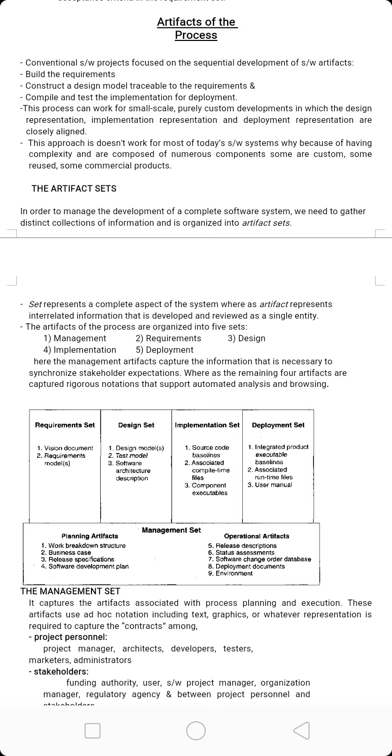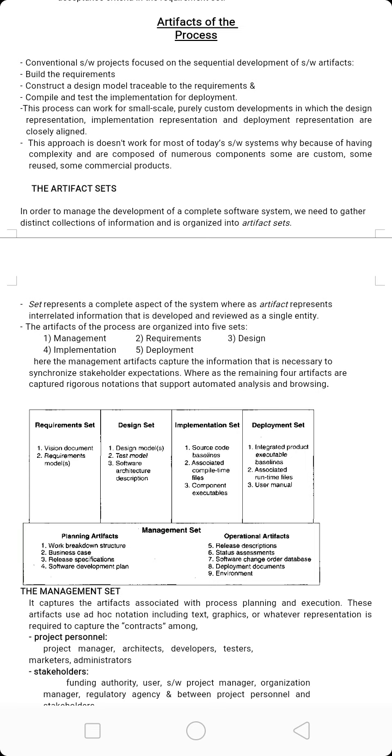Lifecycle software artifacts are organized into 5 distinct sets that are roughly partitioned by the underlying language of the set. The life cycle of the artifact sets is divided into 5 sets. They are: first one, management. In this management, ad hoc textual formats are taken. Second one, requirements.